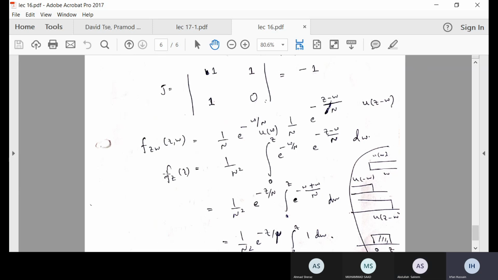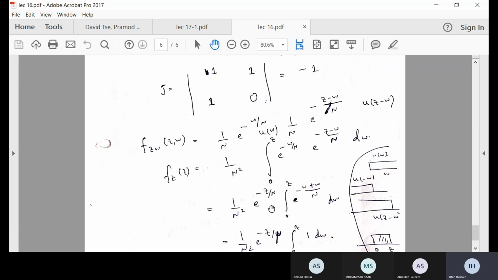If I want to find my single distribution from this joint, I will integrate with respect to the random variable that I want to delete. W was just a dummy random variable, so I integrate over w to get rid of it.